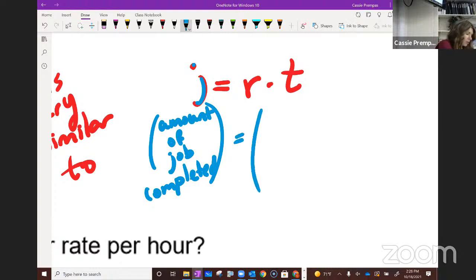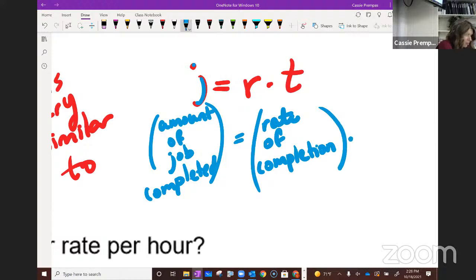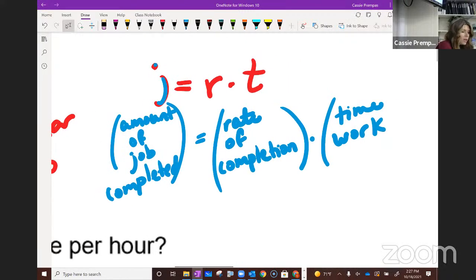It is equal to the person's rate of completion, and we'll look at that in a moment, multiplied by their time worked. Today we're going to look at people working on a job, and machinery working on a job. Essentially, we're going to look at the rate that someone works multiplied by how long they work.